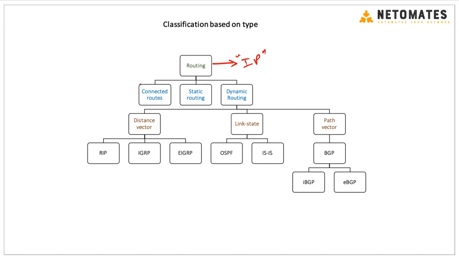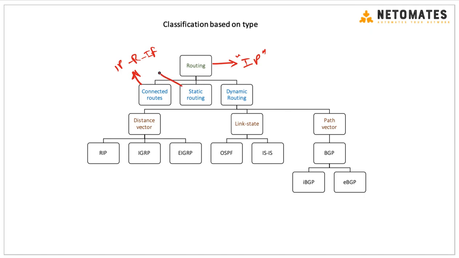One is connected route. A connected route is nothing but if we define an IP on a router interface, it is a connected route, because whenever you configure an IP on the router, it will understand that that network is connected to that particular interface. So that is a connected route.